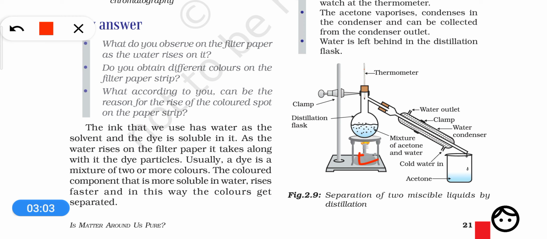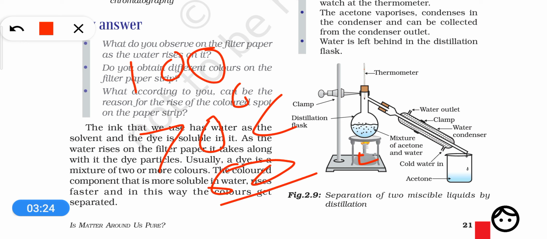If the difference in the boiling points of acetone and water is more than 25 Kelvin, suppose water's boiling point is 100 degrees Celsius and the boiling point of acetone is suppose 70 degrees Celsius or 60 degrees Celsius, then in such a case, when the difference in the two boiling points is more than 25 Kelvin, we will use such an apparatus as shown here.